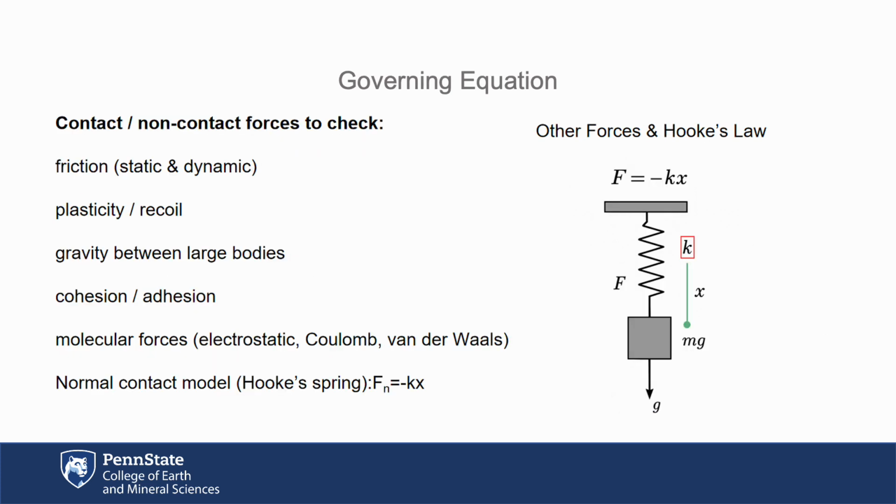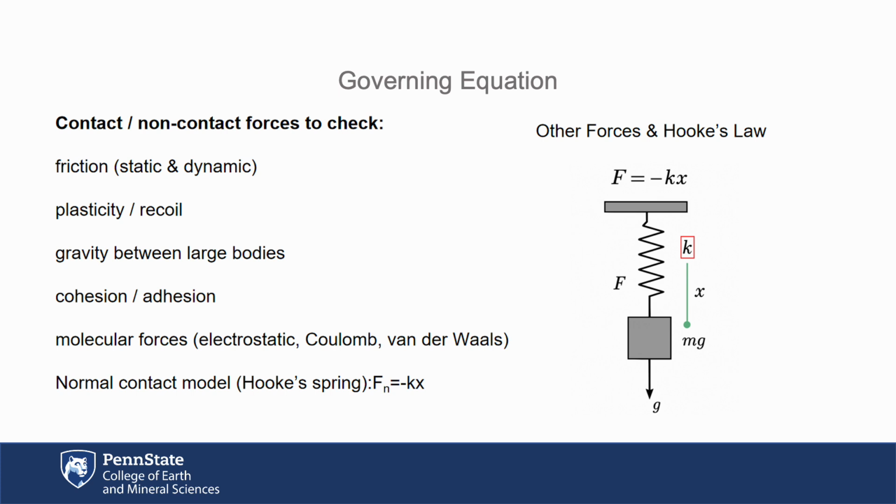On the last slide, I just list the extra forces besides the collision. Friction slows the particles when they slide. Plasticity and rebound: they squash a bit and spring back. Gravity, everything pulls downward. Cohesion and adhesion, like wet sand that sticks together.